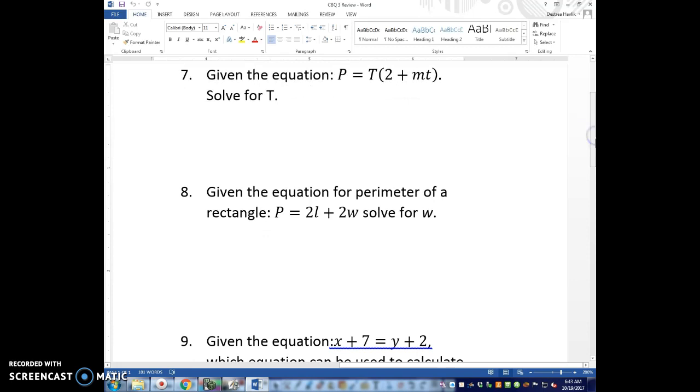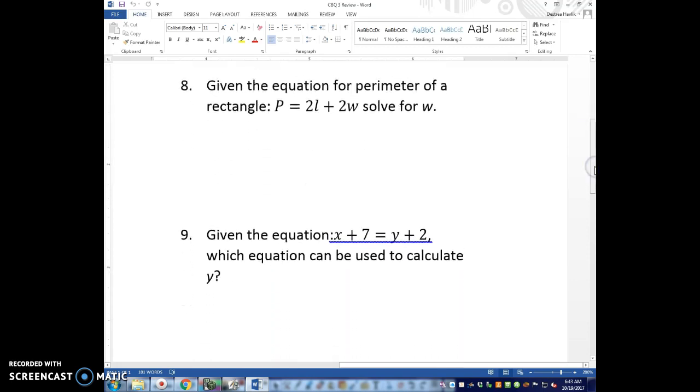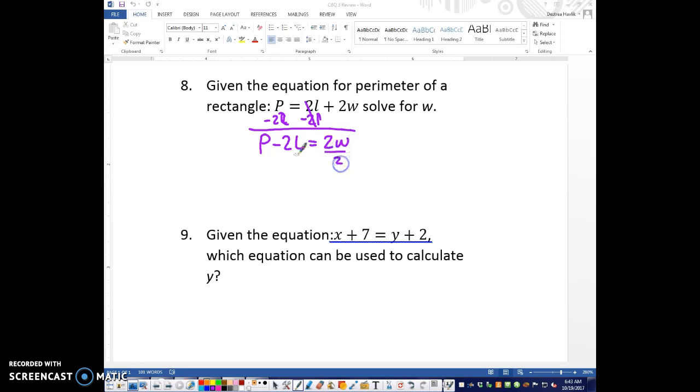Now let's look at number 8. Given the equation for the perimeter of a rectangle, P equals 2L plus 2W, solve for W. So that means we need to subtract our 2L. So you have P minus 2L equals 2W, and then we divide by our 2.